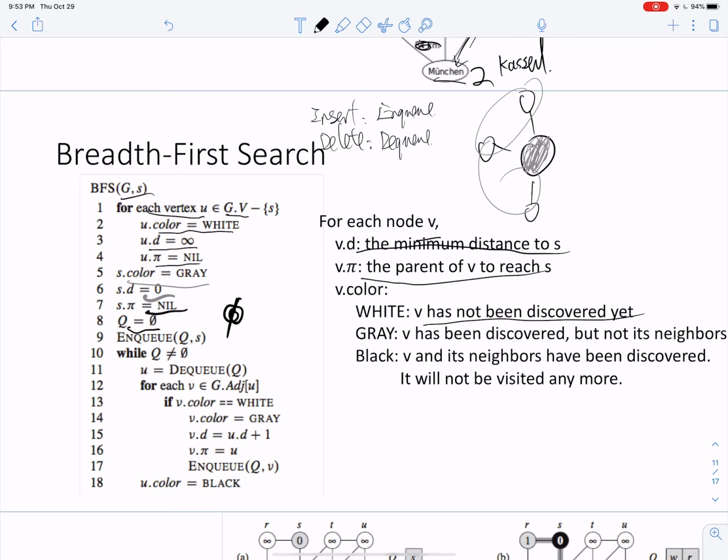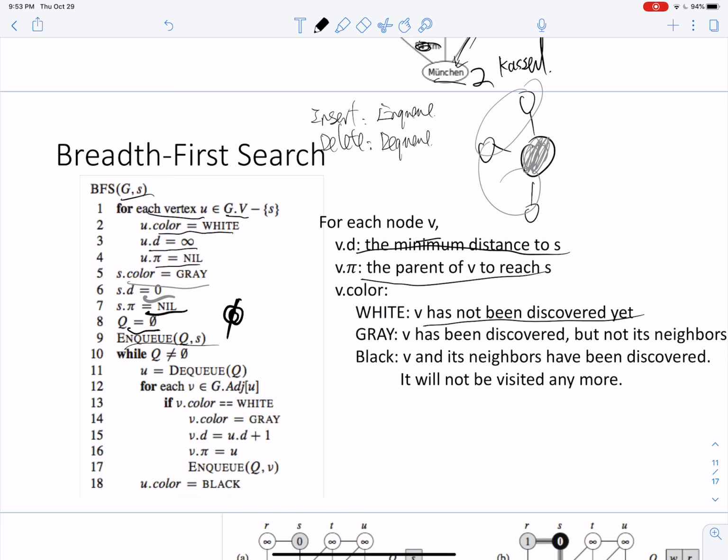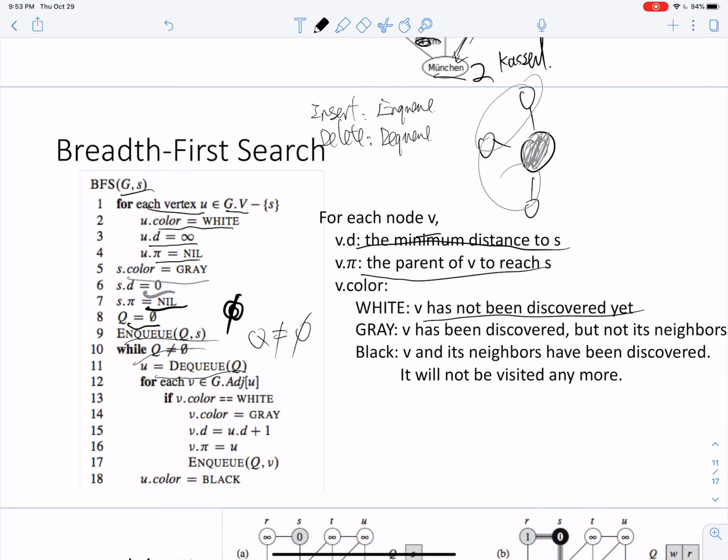So here we insert the source node into the queue, and while the queue is not empty, we dequeue, deleting a node from this queue, and we store the deleted node in the variable u.